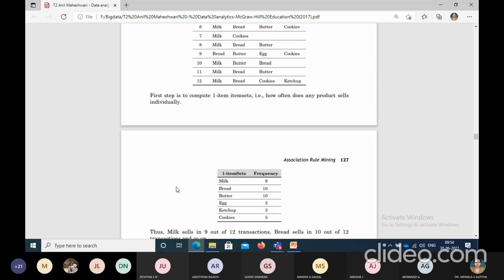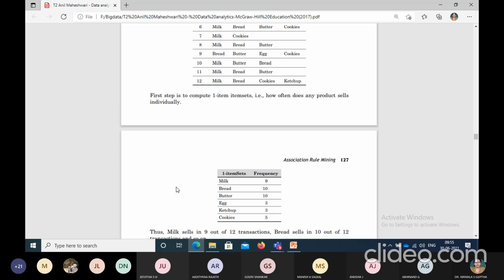So in the one item sets, with the frequencies we computed for all 6, we are able to consider only 4 out of 12 whole transactions as the cut. Only 4 items make the cut as the frequently occurring, frequently bought and sold item sets.